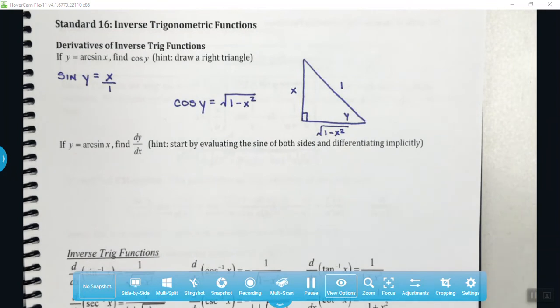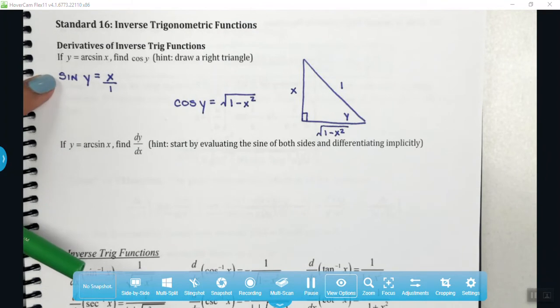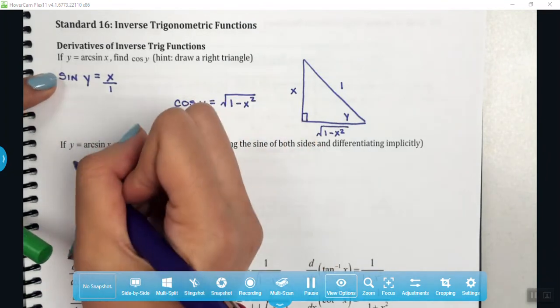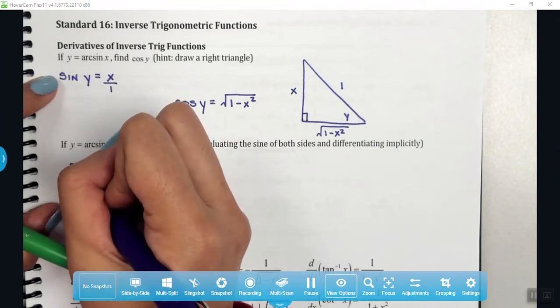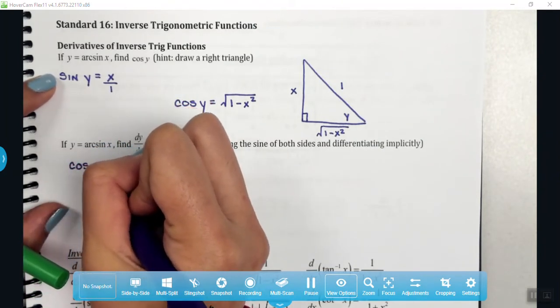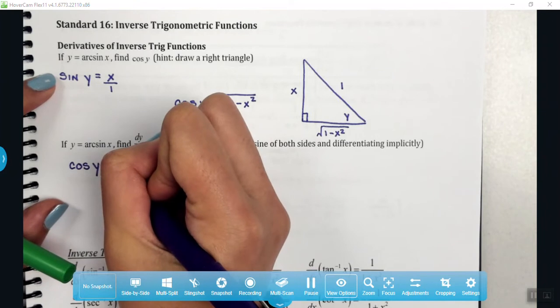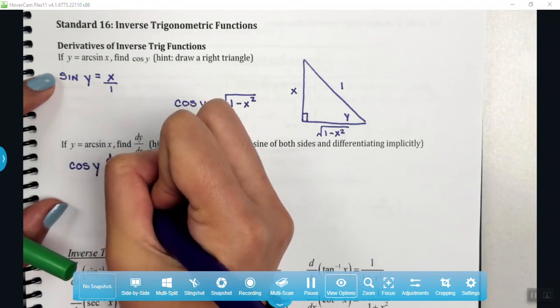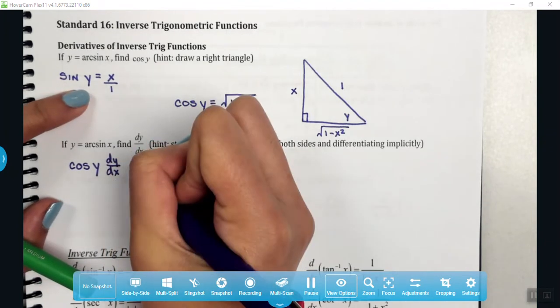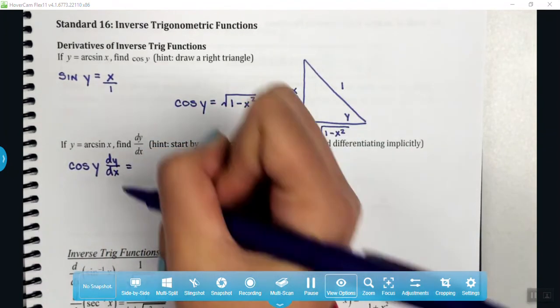Okay, so now if I take the derivative of this, what do I get when I take the derivative of sine y? Cosine y, then what? dy dx, right, because I took the derivative of y equals 1.